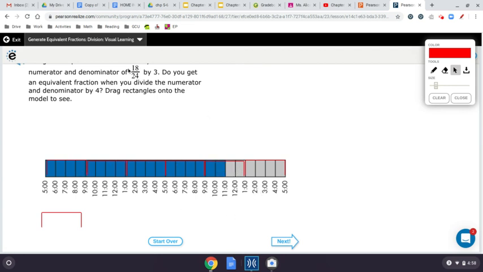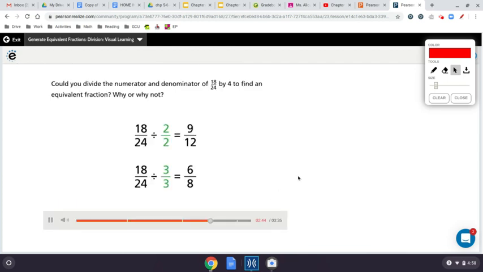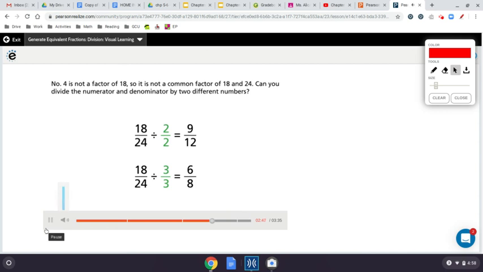That's what we're saying. 24, you can divide into 1, 2, 3, 4, 5, 6 even sections. However, look at this last box here. We have 2 boxes within this one area that are gray and 2 that are blue. This should all be blue if it was going to be divided equally. So the answer here would be no. No, 4 is not a factor of 18, so it is not a common factor of 18 and 24.